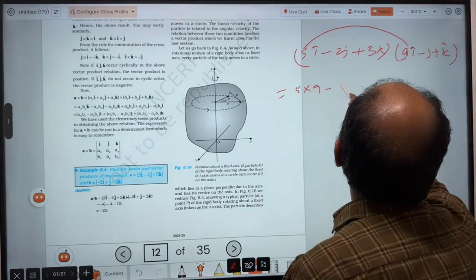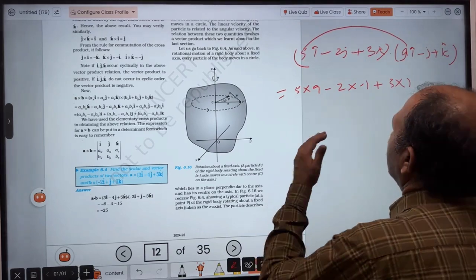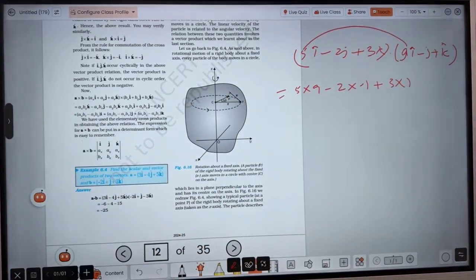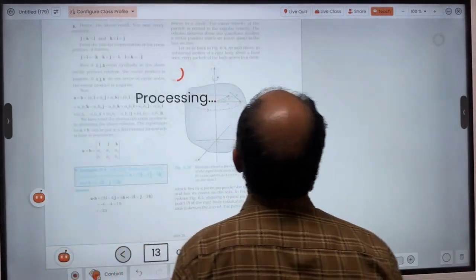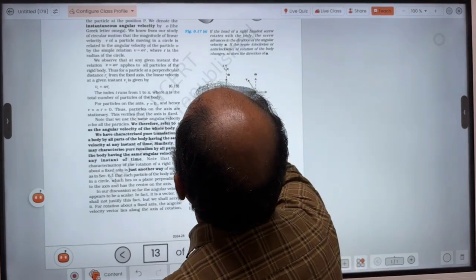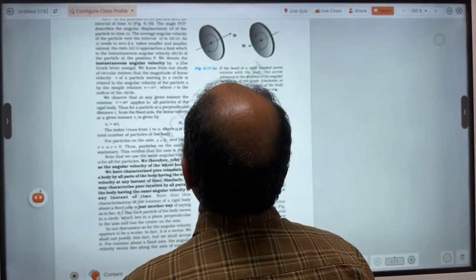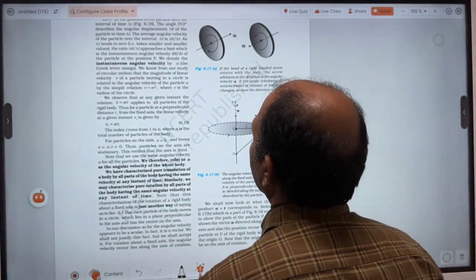So 5 into 9, minus 2 into minus 1, plus 3 into 1. So the dot product is simple. The cross product is a little complicated, but you can do that also. Up to here it is very clear.